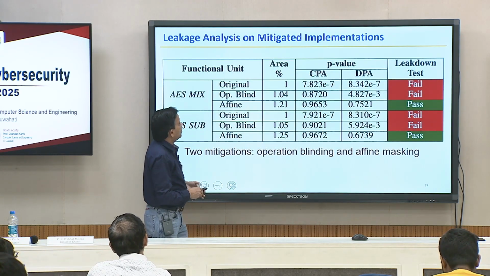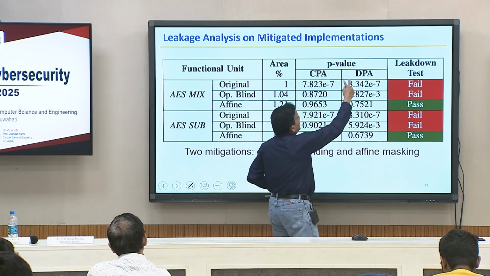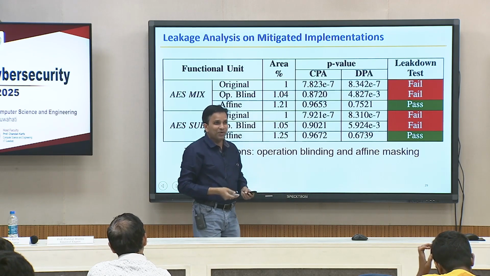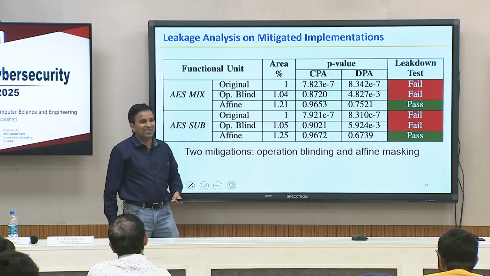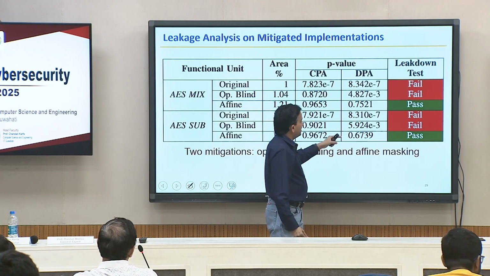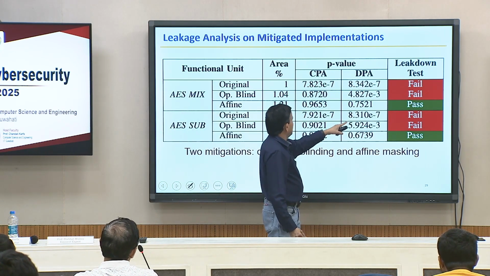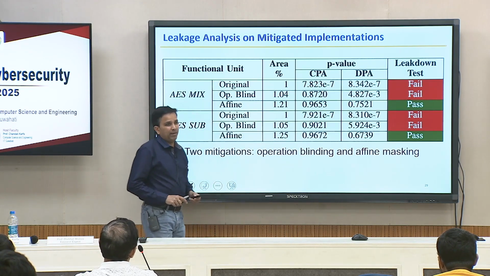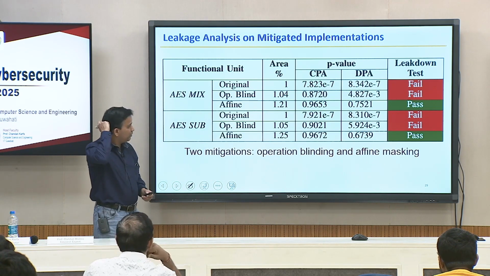This one is differential power analysis, this one is correlation power analysis, and the p value is the value obtained, and I am guessing when it says fail it is below the p value of what is assumed to be the statistical probability, below which you know that.